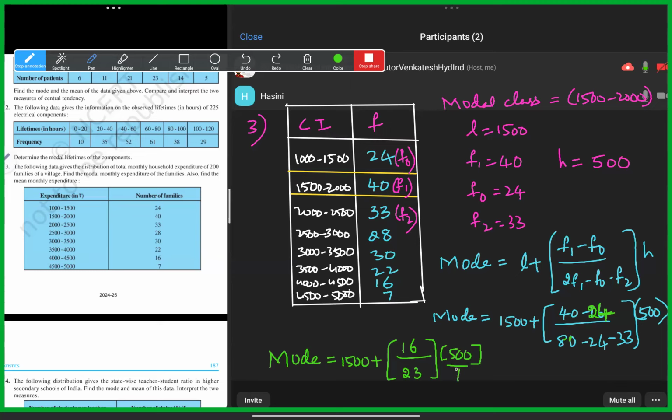This is by 1 into, so here we cannot cut. So we will multiply 16 into 5 and divide by 23, Hasmi. So we'll get 1500 plus 16 into 5, which is 80 by 23.